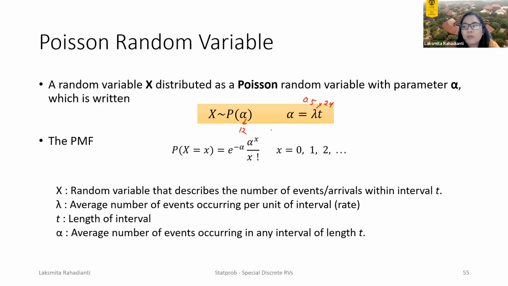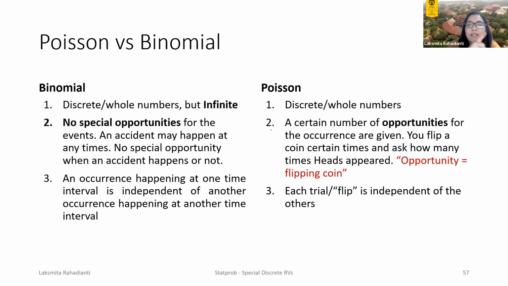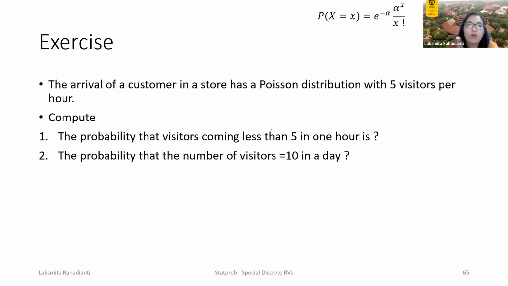Or you are asked about a whole working day, which is 8 hours, for example, but you are given the rate in hours. So be careful with your units. That is the trickiest part, I believe, in solving a question regarding the Poisson random variable. I know that my time is up, but I'm going to ask your permission to give you one example of Poisson before we close the class.